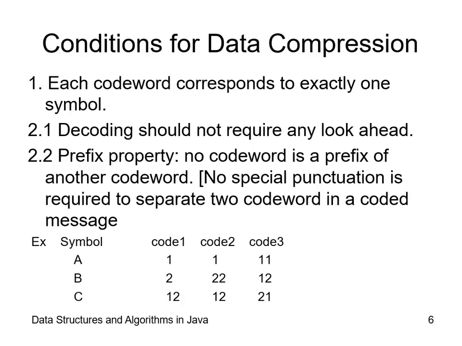Can I use C for 11? Yes or no? No, this is not prefix free. 11 is a prefix of somebody else. Can I use 12? No, because it's a prefix of that. Maybe 21. Because 21 is not prefix of any of this. 111 is not prefix of any of this. 121 is not prefix of any of this. This is prefix free. Agree?